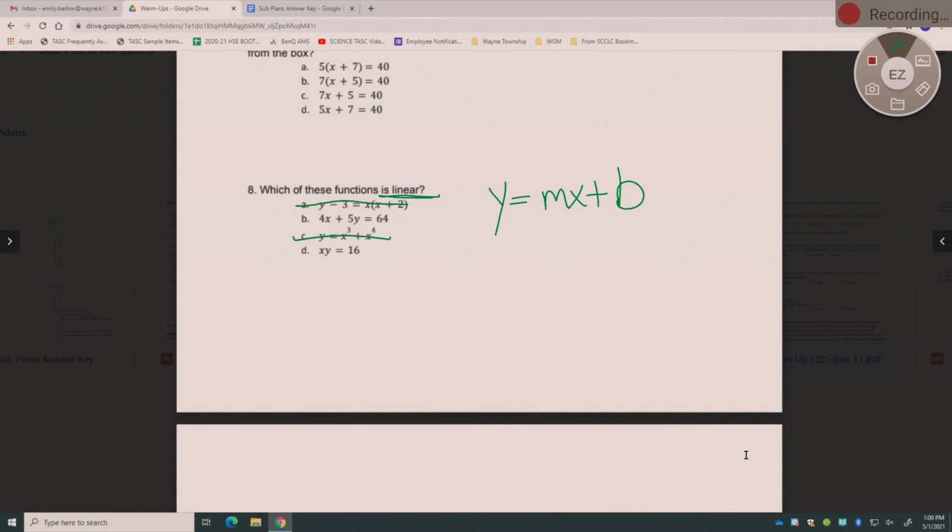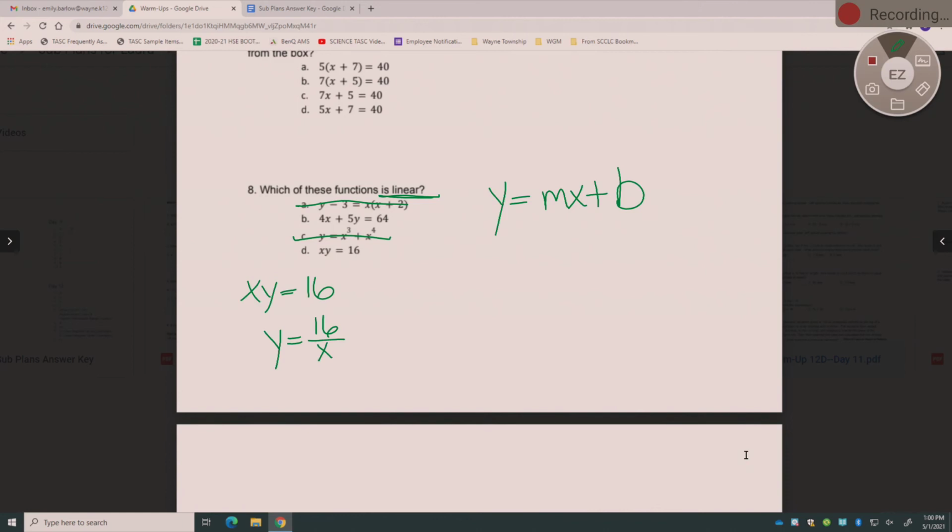And what we're trying to find is y equals mx plus b. Now if I take D and I solve it for y, I get y equals 16 divided by x.